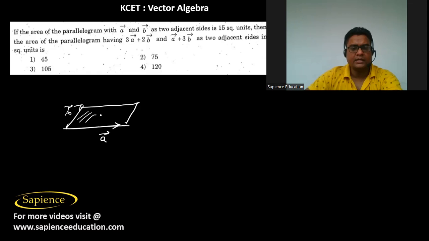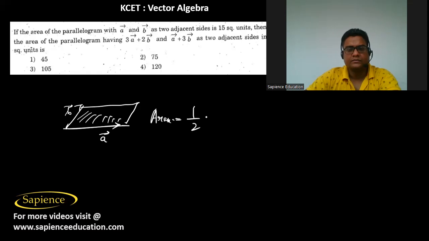Then its area will be 15 square units. So the area will be magnitude of a cross b, mod of a cross b.